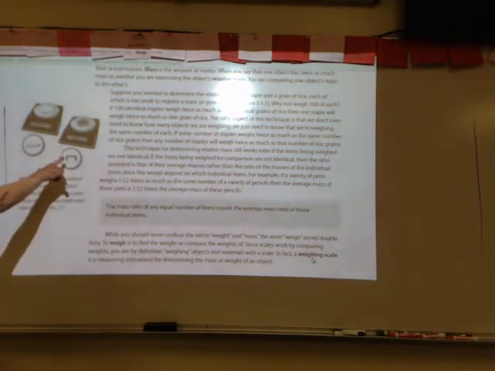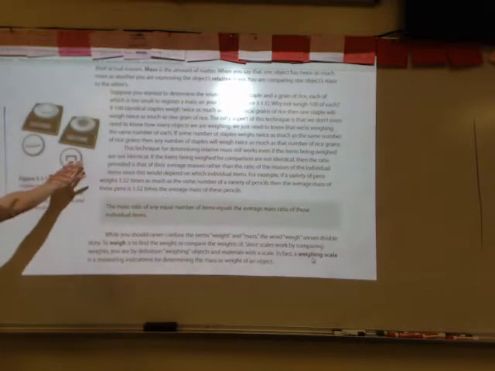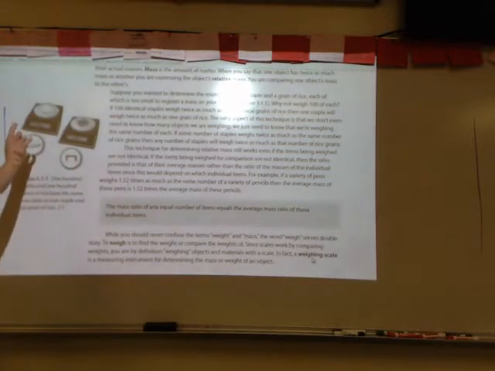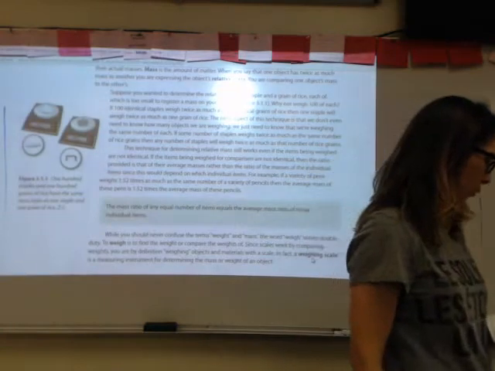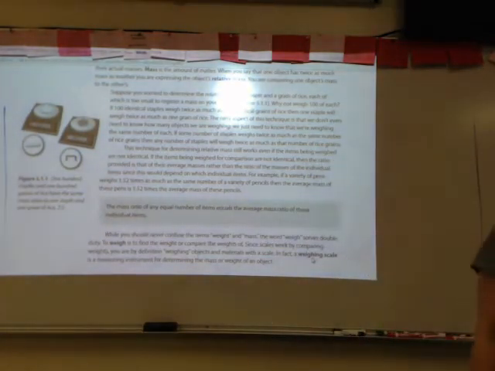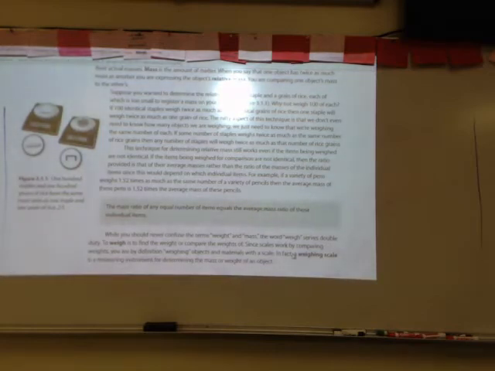If we have 100 identical staples and 100 identical grains of rice, you'll find that the 100 staples weigh twice as much as the 100 grains of rice, which means that a staple will weigh twice as much as 1 grain of rice. And any number of staples will really weigh twice as much as the same number of grains of rice.